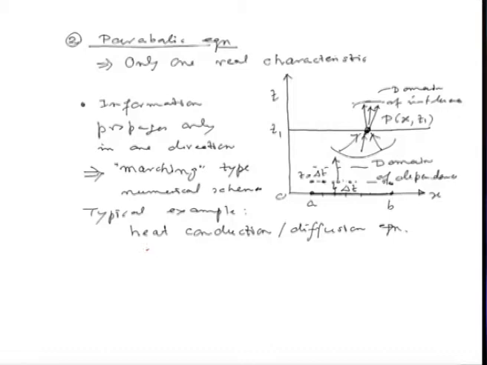In 1D we can write it as del U by del t is equal to alpha times del square U by del x square. This alpha represents our thermal diffusivity. Now let us have a look carefully here. This first order derivative is involved in time.